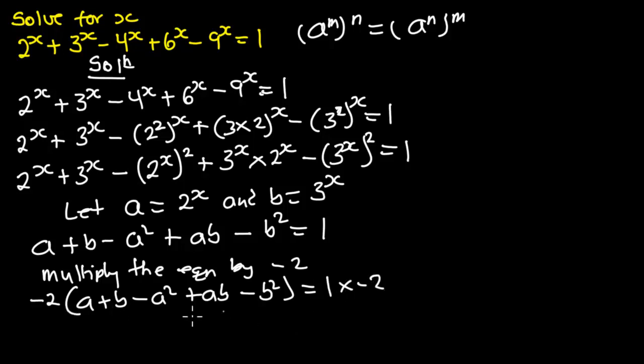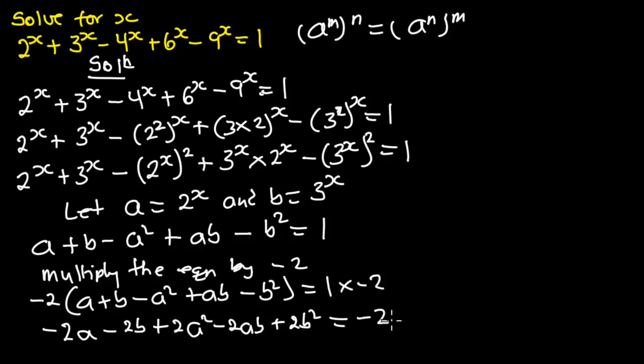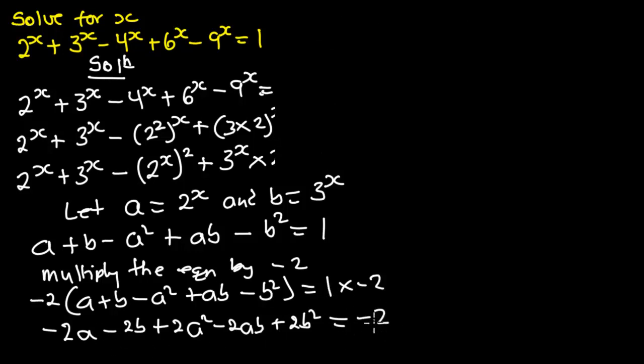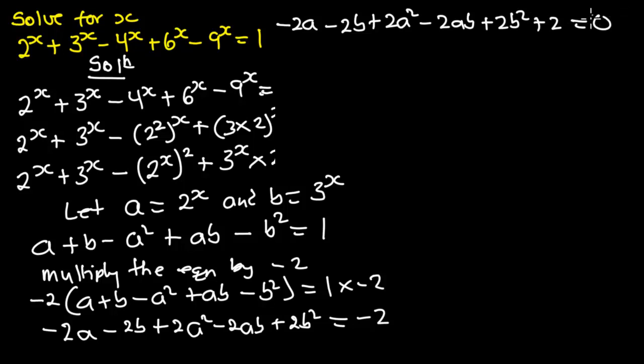And so when we expand the bracket, we are going to have -2a - 2b + 2a^2 - 2ab + 2b^2. This is going to give us negative 2. And from here let us send negative 2 to the left hand side. And so we are going to have -2a - 2b + 2a^2 - 2ab + 2b^2 + 2 = 0.